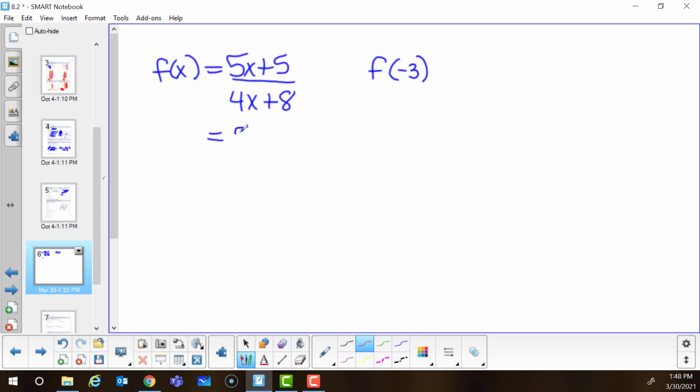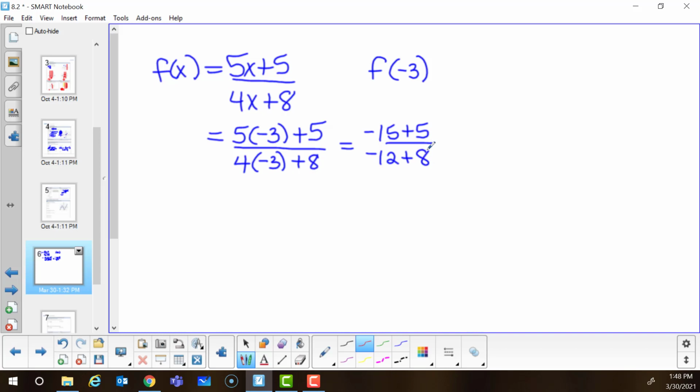You're going to put in negative 3 wherever there's an x. So in this one, I have two places to put that negative 3 in. I'm going to put it in the numerator, and I'm going to put it in the denominator, and then I work each one out. 5 times negative 3 would be negative 15 plus 5 on top. 4 times negative 3 would be negative 12 plus 8. So I end up with negative 10 on top.